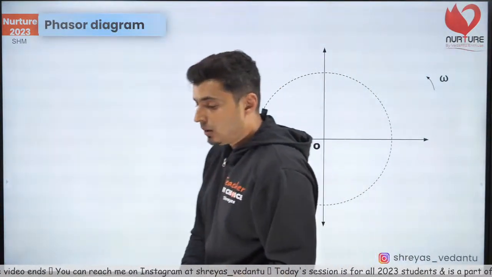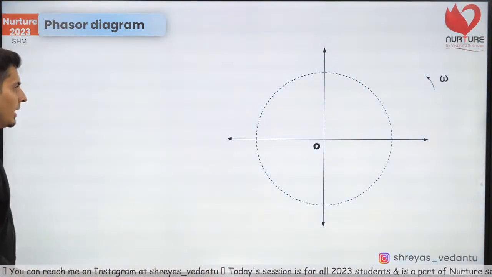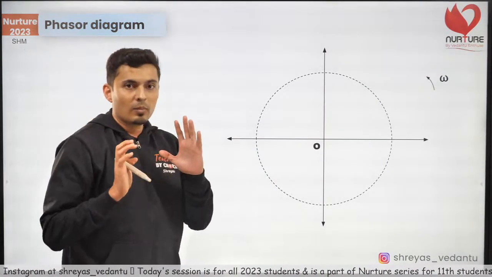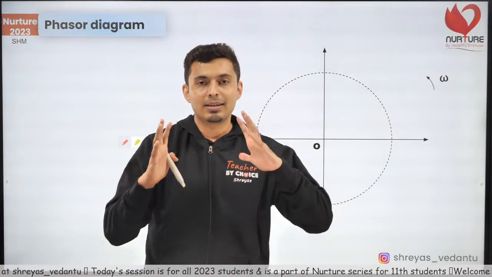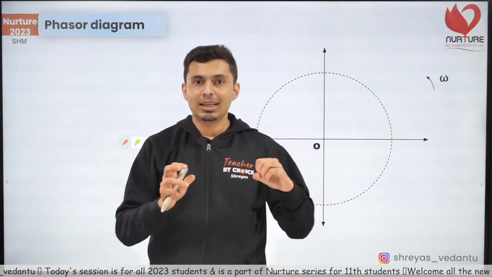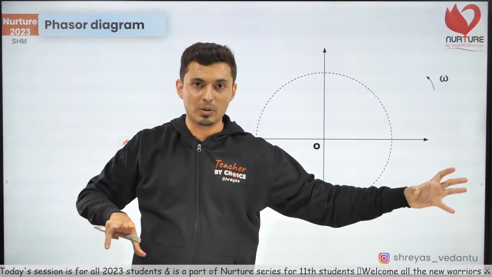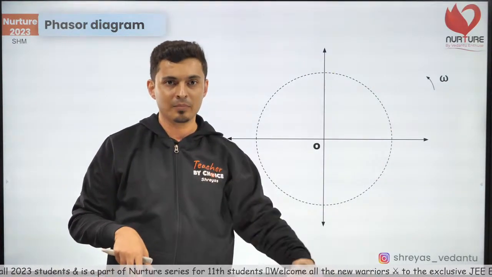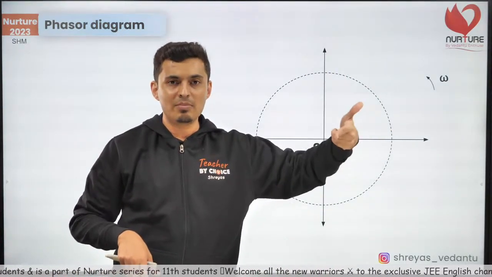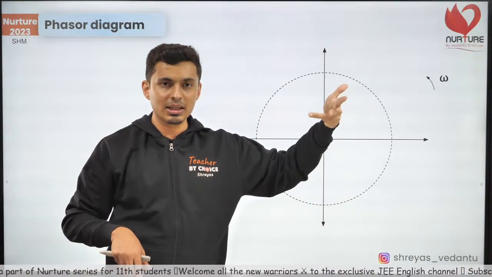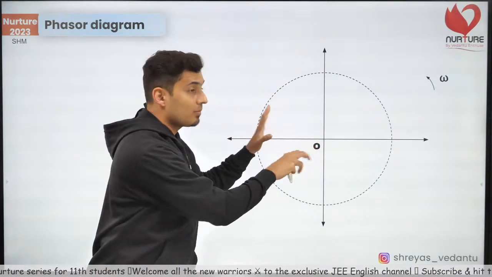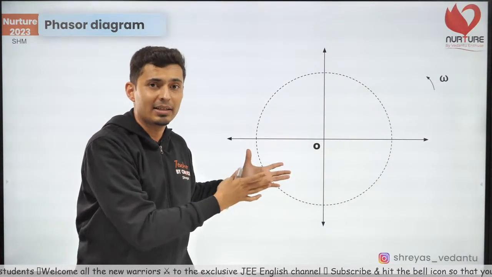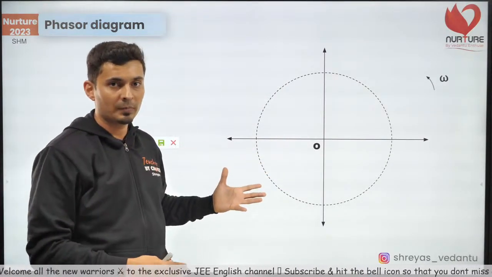Now, what is a phasor diagram? Let's come to that. A phasor diagram is a diagram derived from the circular motion using all the parameters of SHM, like omega, amplitude, phase, initial phase, everything. It is just a representative diagram, which is helpful for visualizing and solving problems.